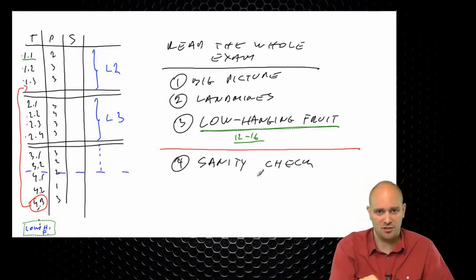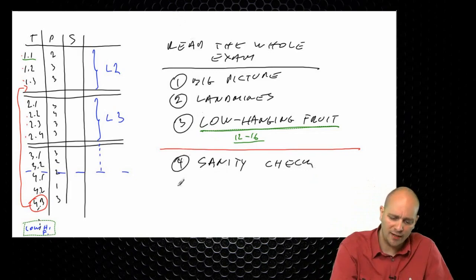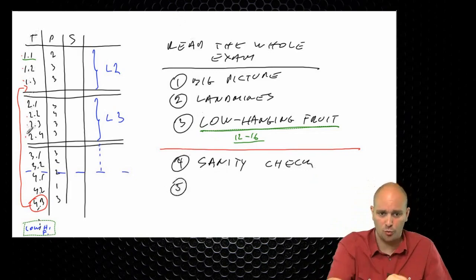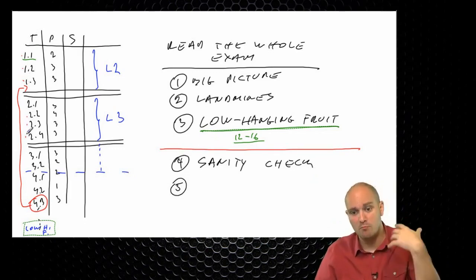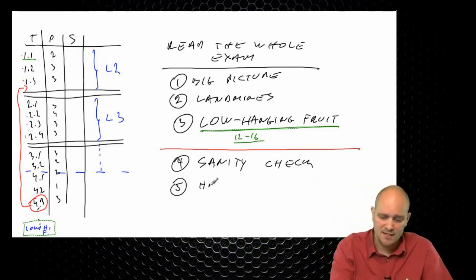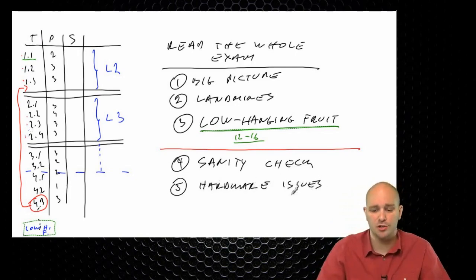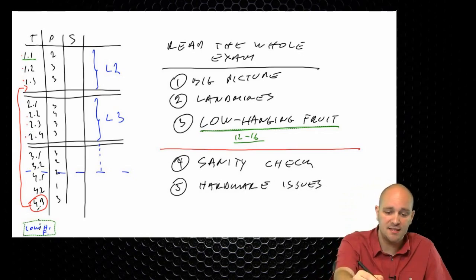So do the sanity check very quickly, and then when you start working through your layer 2 and start noticing that there might be some hardware issues, this is the time when you should report any hardware issues. But mind you, you have at this point already gone through this.